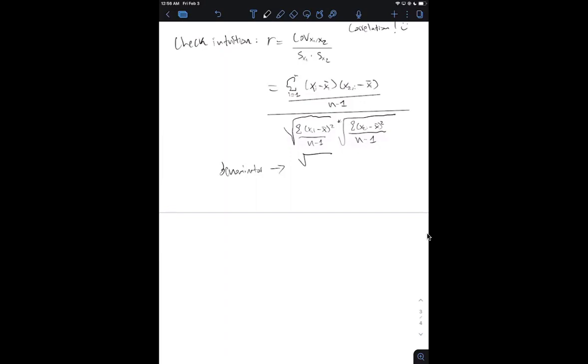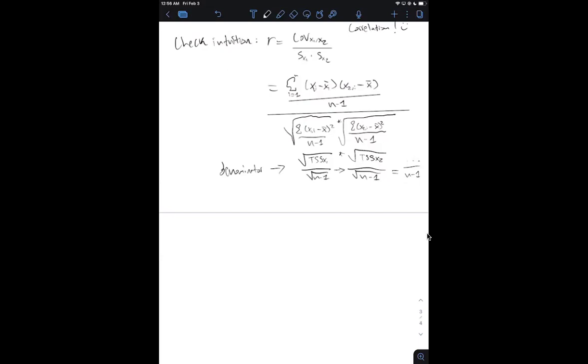So we have, let's just call this the total sum of the squares of x1 for simplicity, times the total sum of squares of x2 for simplicity, over root n minus 1 over root n minus 1. So when we do this together, we then get the product of those two things, I'll just write that like this, over n minus 1.